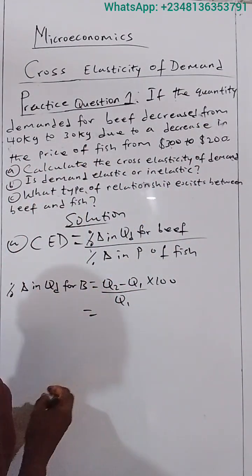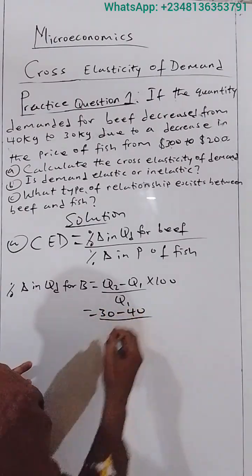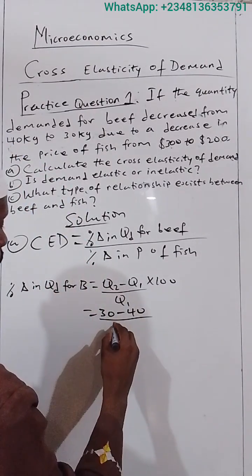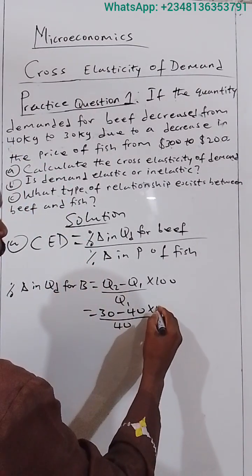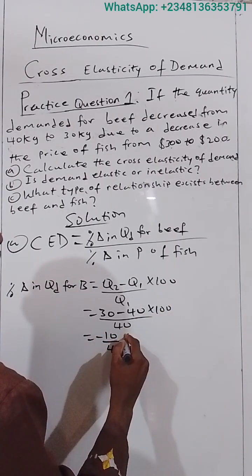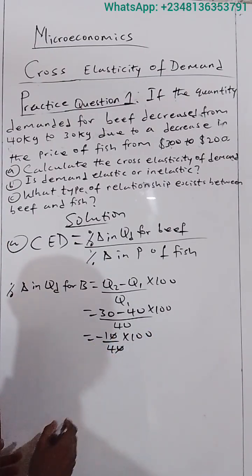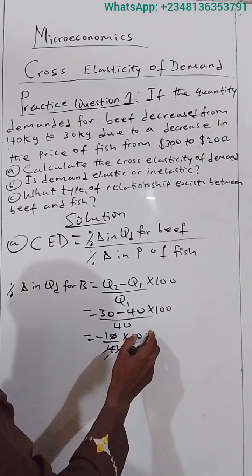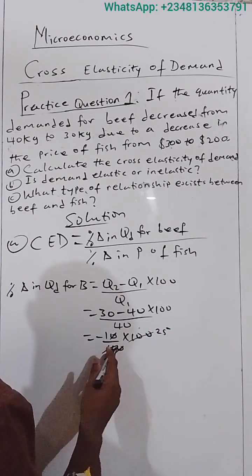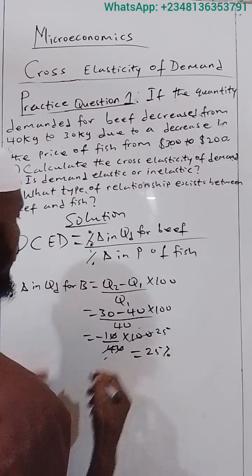So we have 30 minus 40 divided by Q1, the initial before the change, that is 40, then multiply by 100. That is minus 10 divided by 40 multiplied by 100. This cancels this, then we have 4 in 100, we have 25. Therefore, the percentage change in quantity demanded is minus 25%.